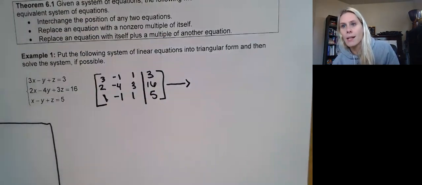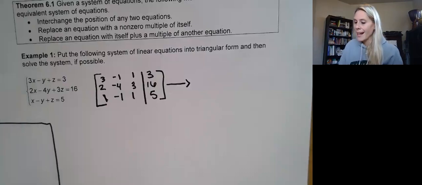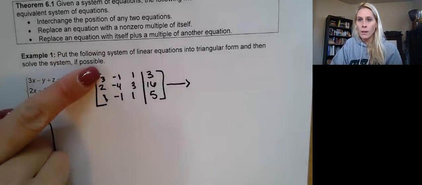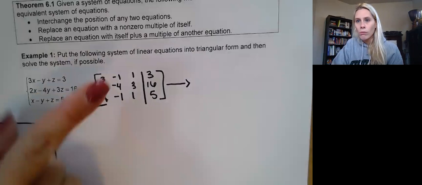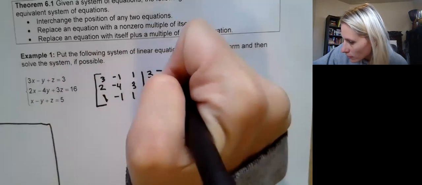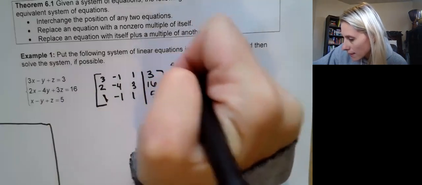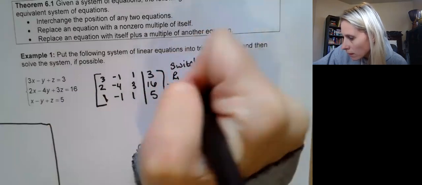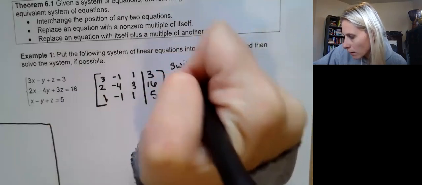Is there a way that I can make a 1 in that position easier than anything else? So 3 right there. How can I make that a 1? I can switch row 1 and row 3. So that's what I'm going to do now. Switch, and I'm going to write it down. Row 1 and row 3.